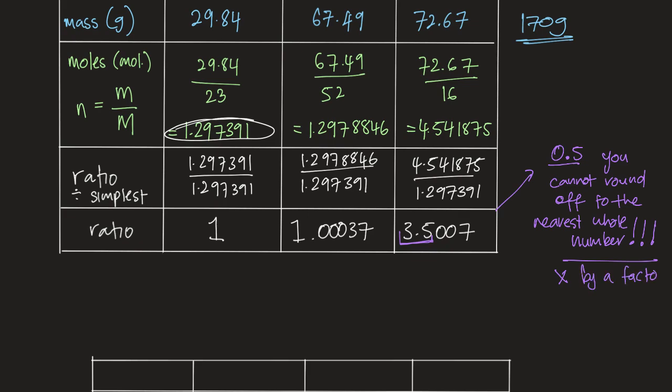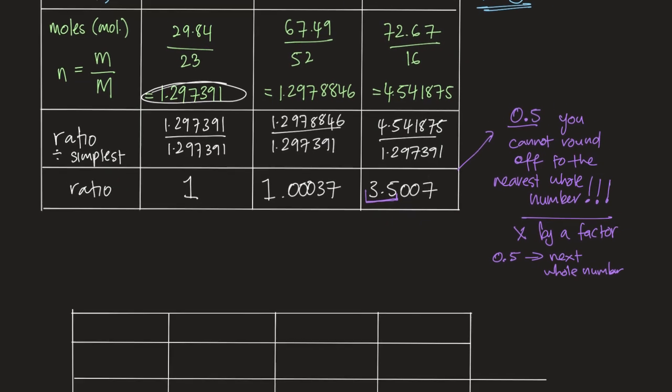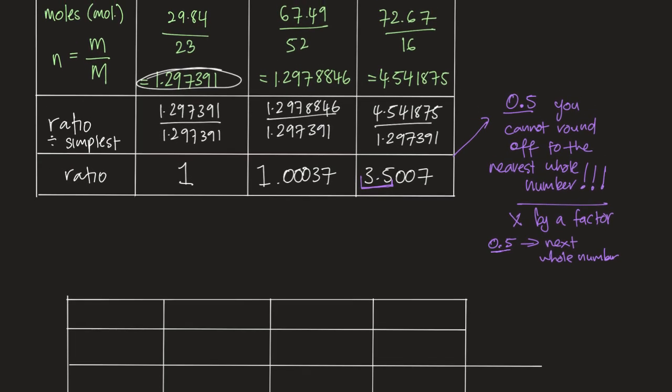And what we do is we want to get the 0.5 to the next whole number. Well, in this case, to get 3.5 to a whole number, I want to multiply it by 2. So I'm going to go to each ratio and multiply by 2.